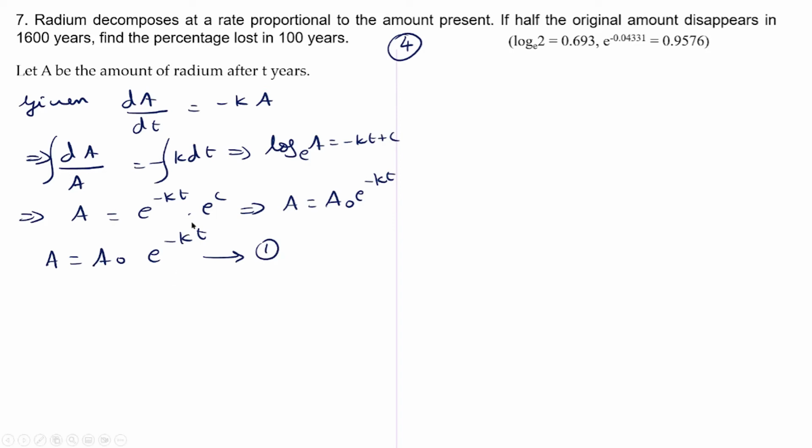Finding the general solution of the differential equation will carry usually 2 marks if it is a 4 marks question. Accordingly, we can write the steps. Now let us proceed with the question. If half the original amount disappears in 1600 years, given A equal to A naught by 2 for t equal to 1600 years.